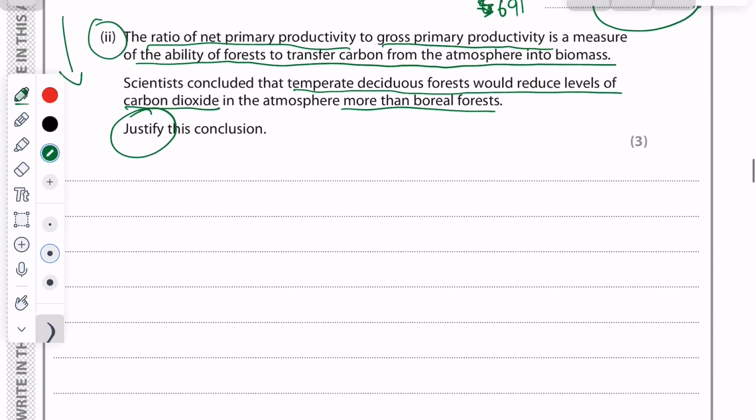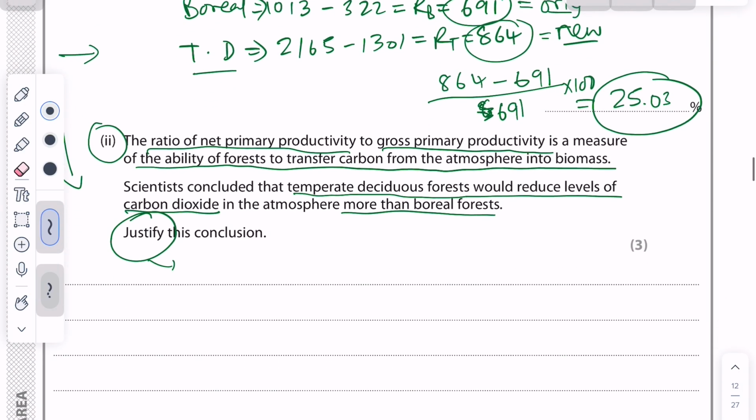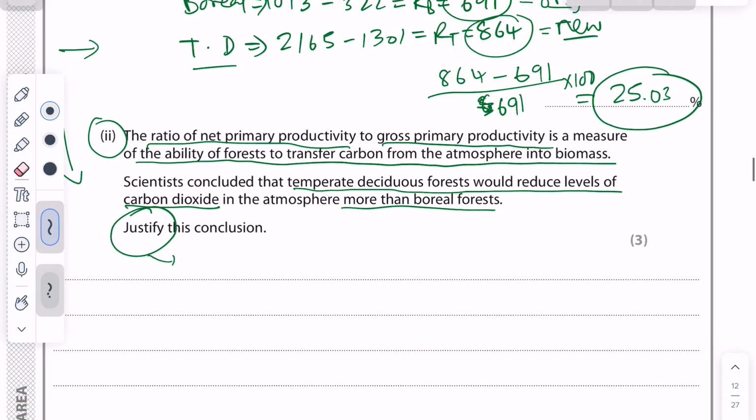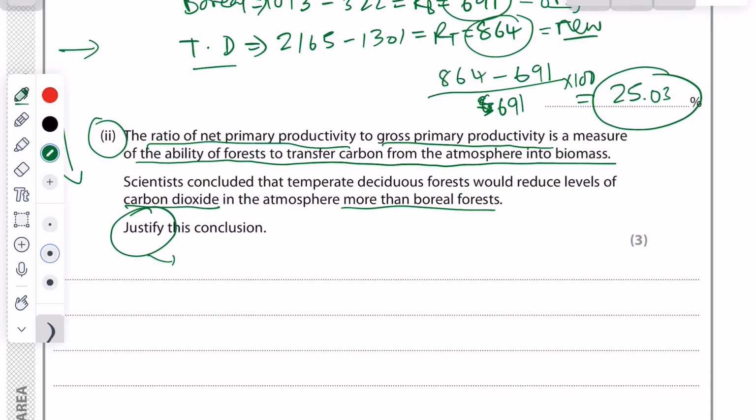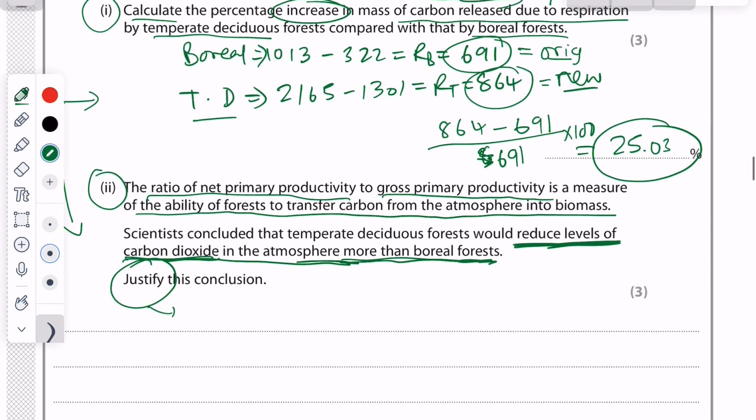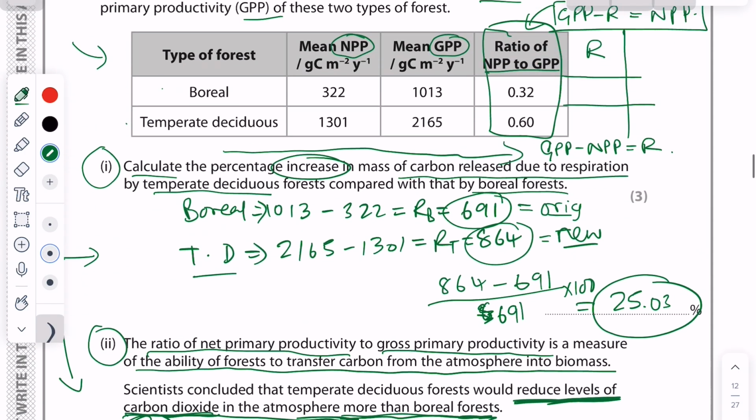Justify this conclusion. Justify means give reasons why it's right. So what is it that they're saying? The temperate deciduous forest would reduce the levels of carbon dioxide in the atmosphere more than boreal forests. Give the reasons why that is correct.